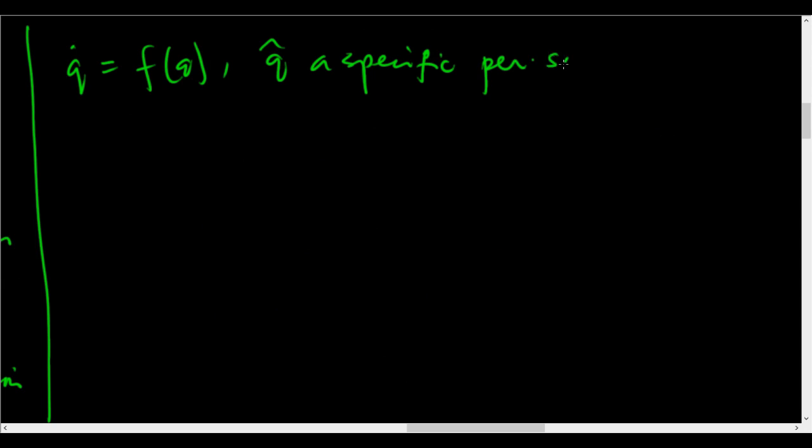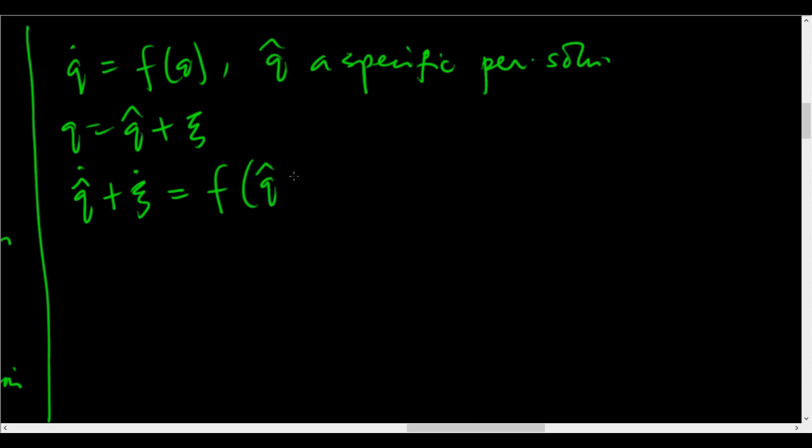So we have q dot is equal to f of q, q hat a specific periodic solution, q is equal to q hat plus xi, q hat dot plus xi dot is equal to f of q hat plus xi. We have been doing some Newton-Raphson, so you are familiar with this idea.